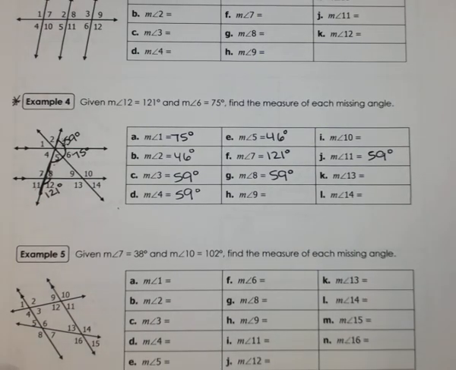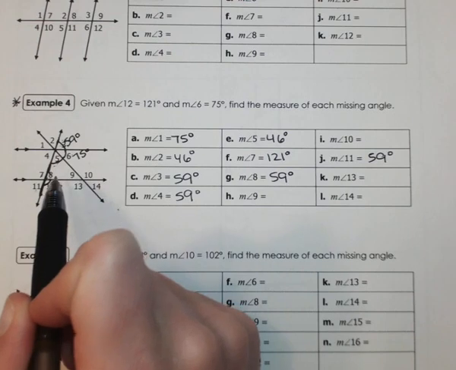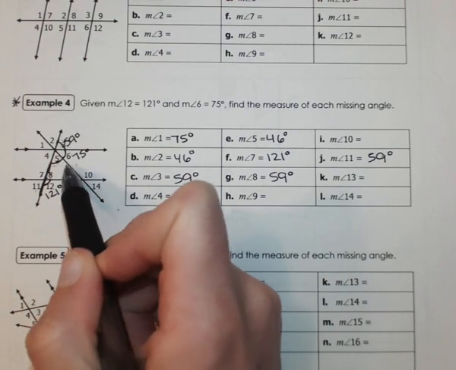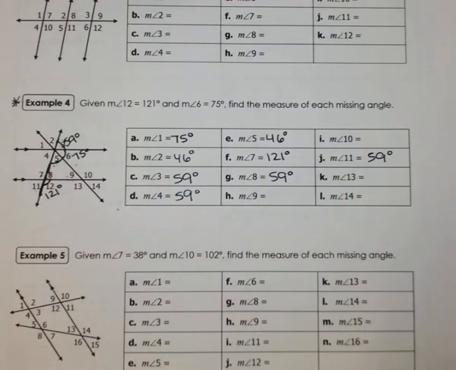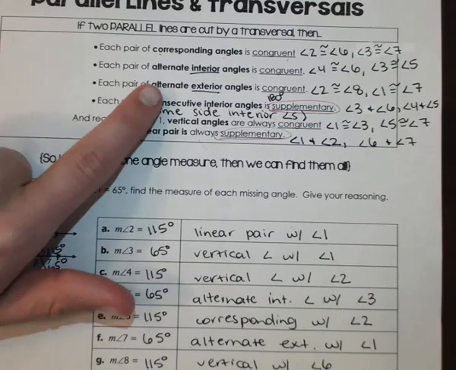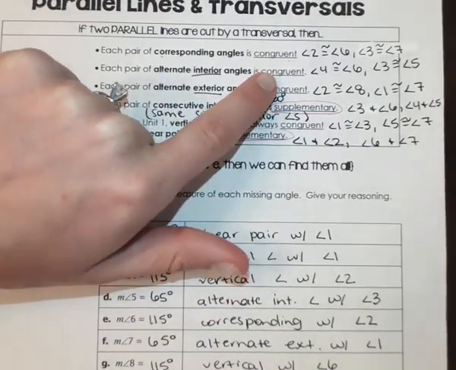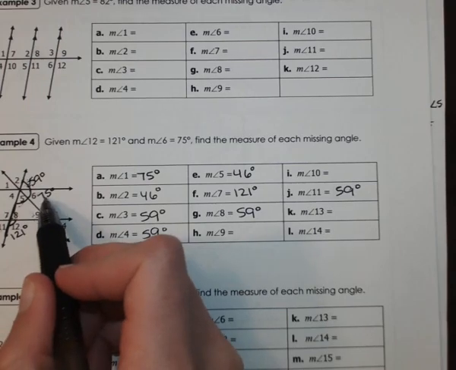That one, I guess there's a couple different ways to look at it. I think probably the easiest way is that 6 and 9 are alternate interior. Let's use that one. And if you look back at our definitions, alternate interior angles are congruent. So that's why measure of angle 9 is also 75.